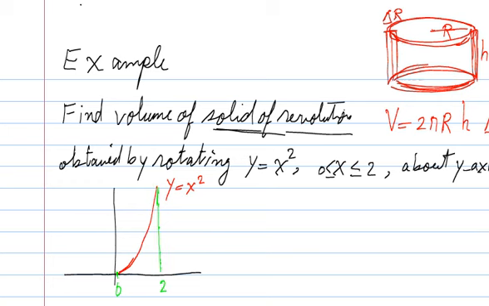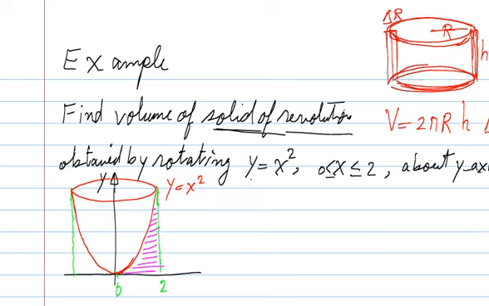We are taking this parabola and rotating it about the y-axis, so we are going to have a shape kind of looking like this. The volume we are after is what is generated by turning this region.